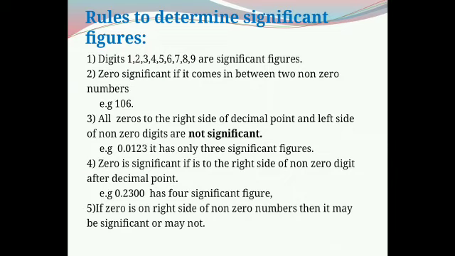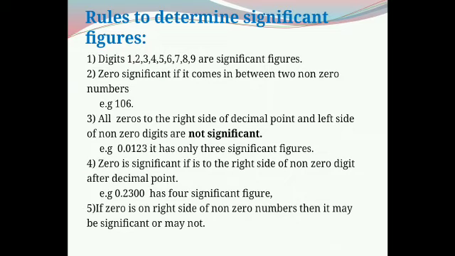The third rule is: all zeros to the right side of the decimal point and left side of non-zero digits are not significant figures. Here the example is 0.0123. Here the first 0 is on the left hand side of the non-zero digit, and the second 0 is on the right side of the decimal point.